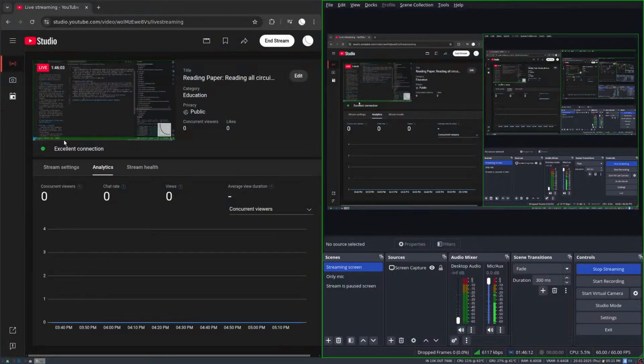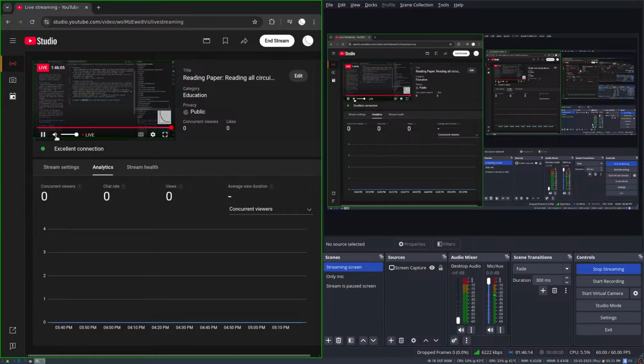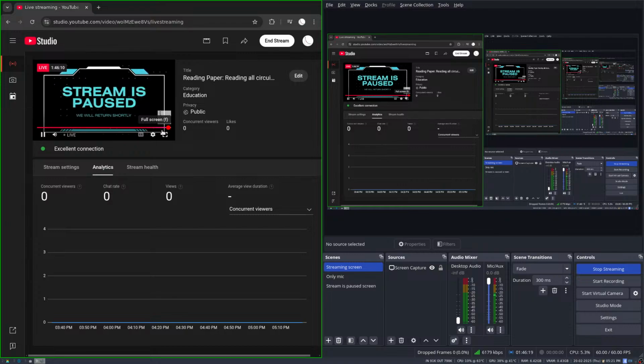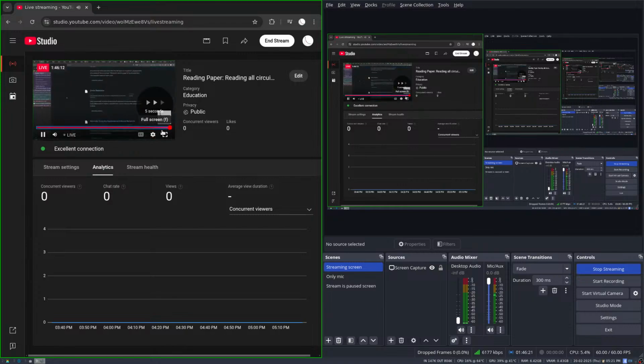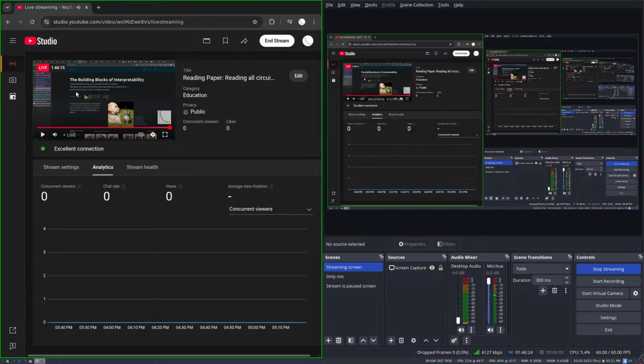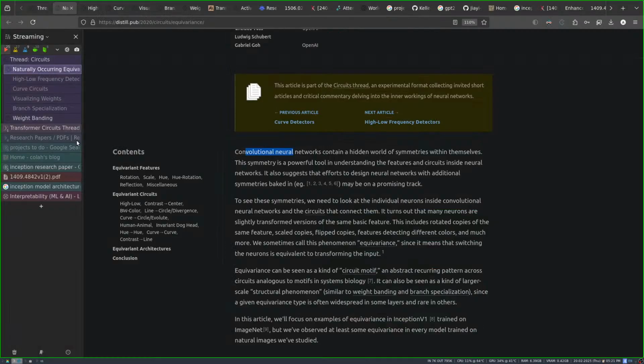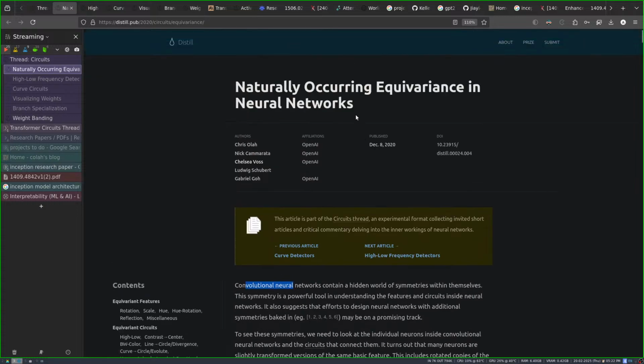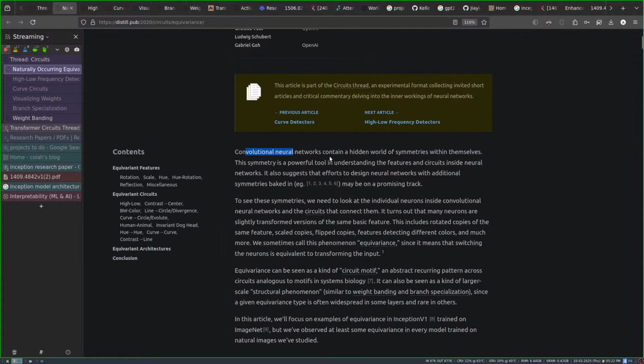Naturally occurring equivariance in neural networks. Convolutional neural networks contain a hidden world of symmetries within themselves. Symmetry is a powerful tool in understanding the features and circuits inside neural networks.